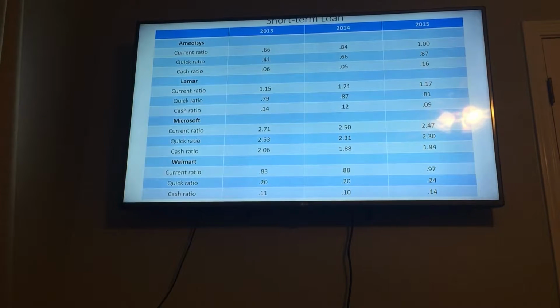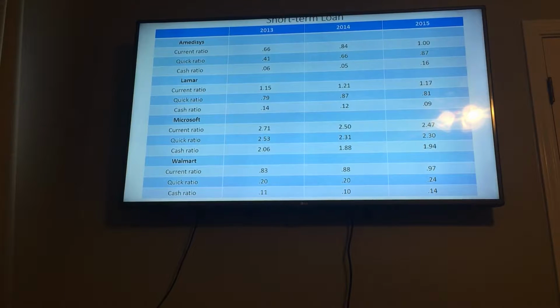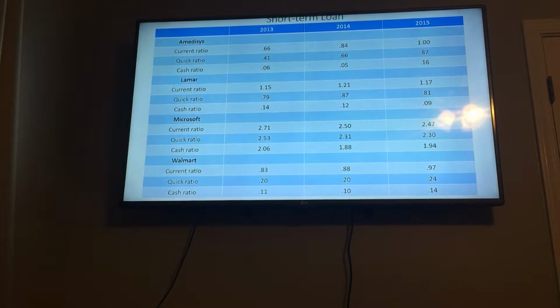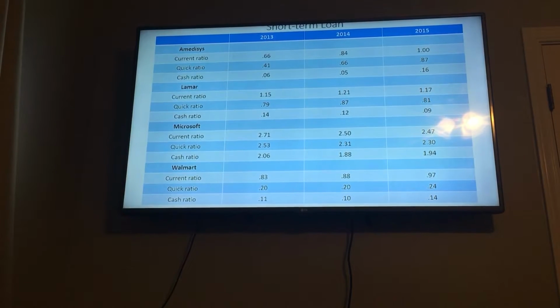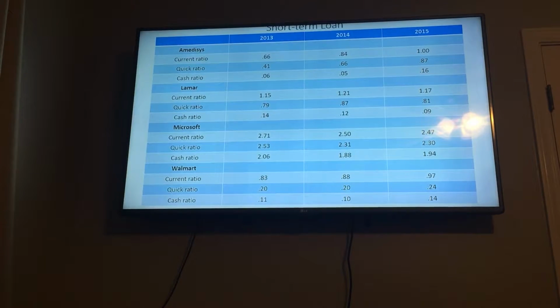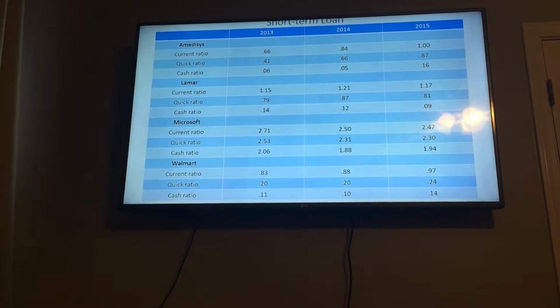You can still see that this is a great cash ratio, and all the other ratios are pretty stable. And lastly, Walmart, the cash ratio is quite low, but looking over the past years, you can see that there's no big dramatic change. There's no big decline in any of the ratios, so that's still pretty good for Walmart.